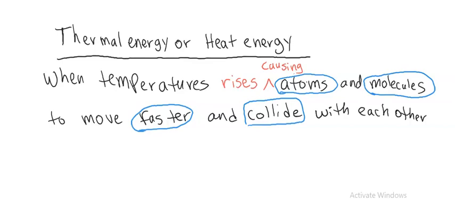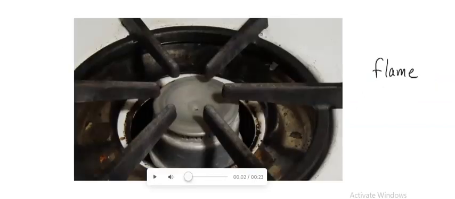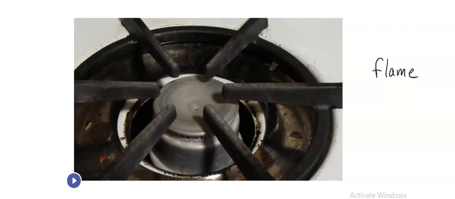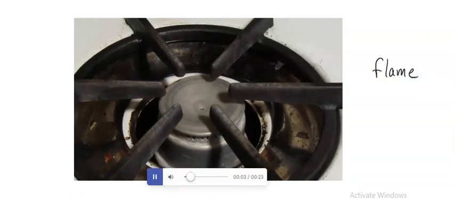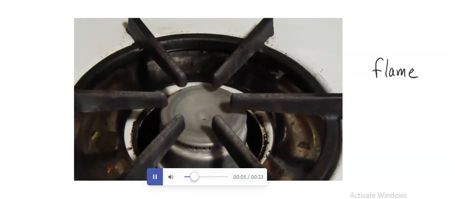All right, and here are several examples we could use to identify that. Okay, so here's an example of a stove that is turned on by both gas with electricity. When you turn it on, like you see in this one, it produces a blue flame.